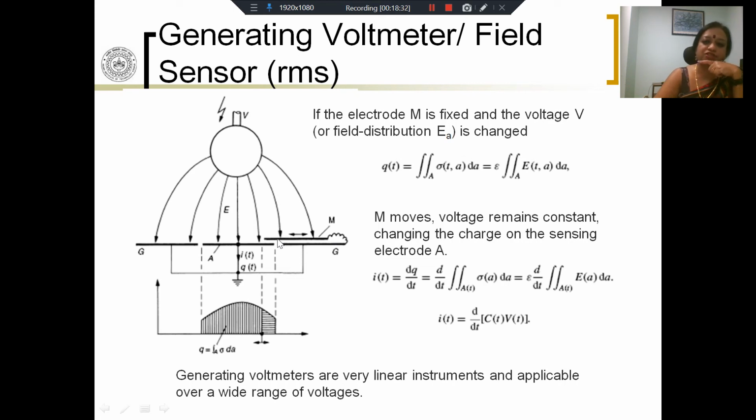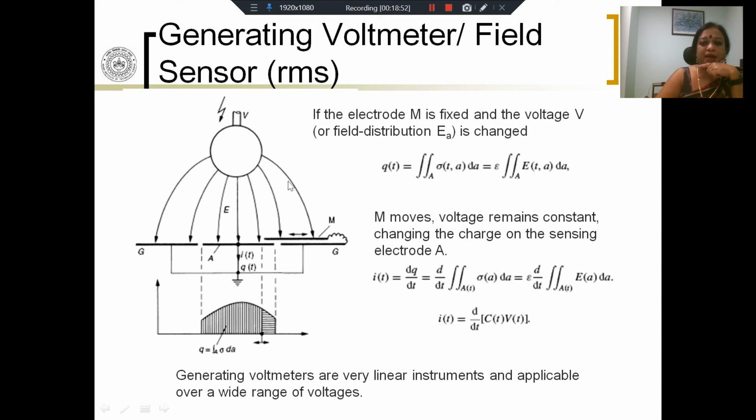Now let us imagine that M is fixed, and you apply a voltage V here. As the voltage changes, there will be an electric field here. And because of the flux lines cutting A, there will be some charge on A. Now remember, A is grounded.